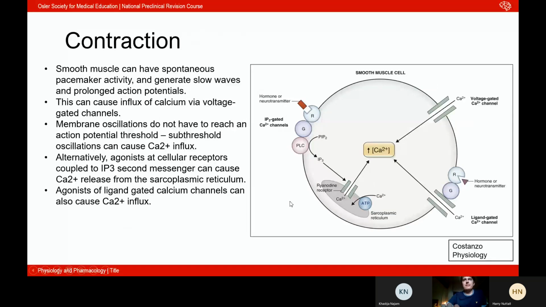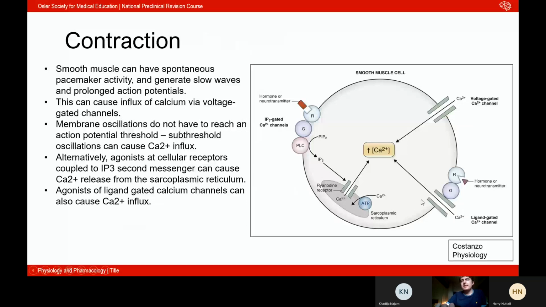So here's a nice diagram to demonstrate the three ways in which smooth muscle can get inputs. There's a voltage dependent effect, which you can see in some smooth muscle.